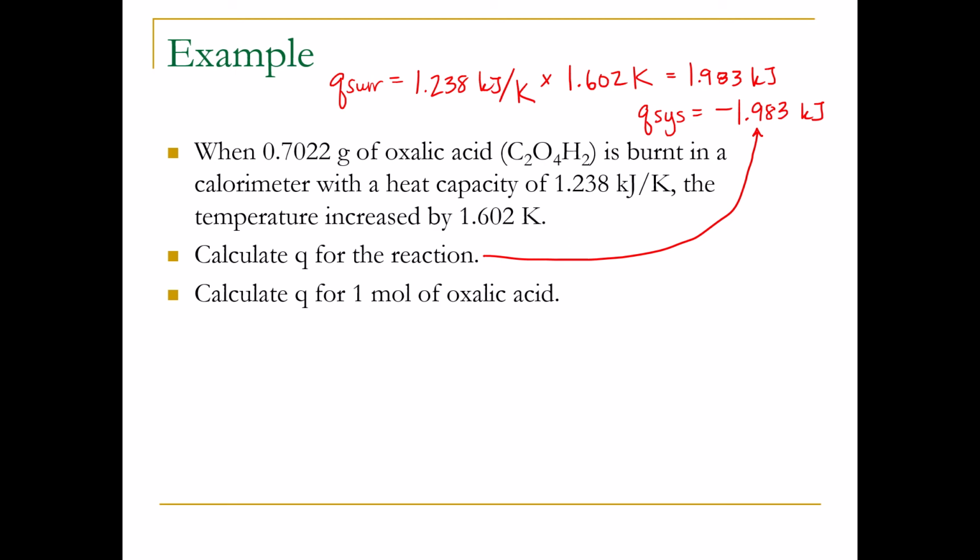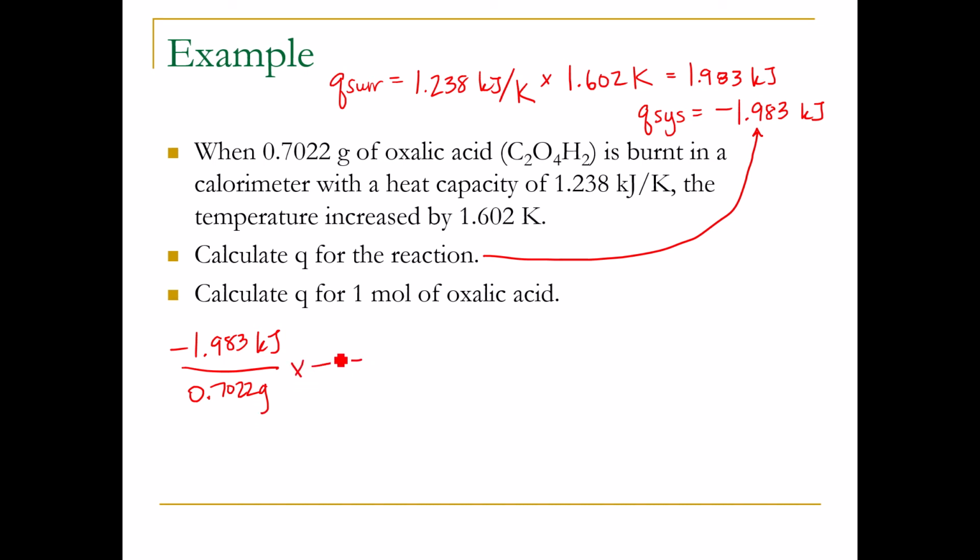So this number I got up here is Q based on burning 0.7022 grams of the oxalic acid. So if I burn more, Q changes. So Q is dependent upon how much I burn. The more I burn, the higher Q gets. All right, so this value of Q is based on a certain grams.